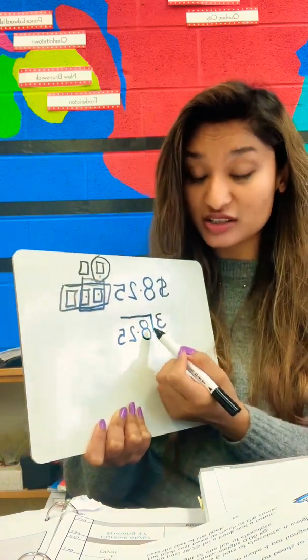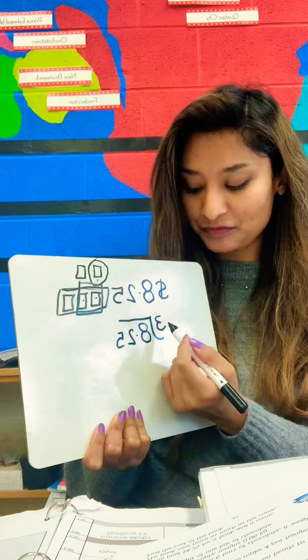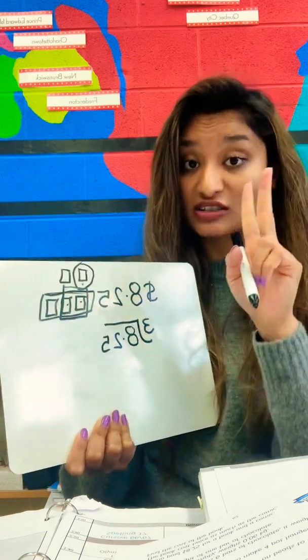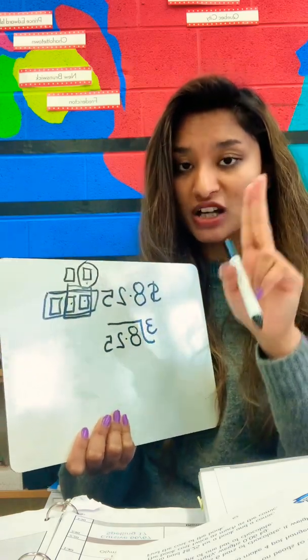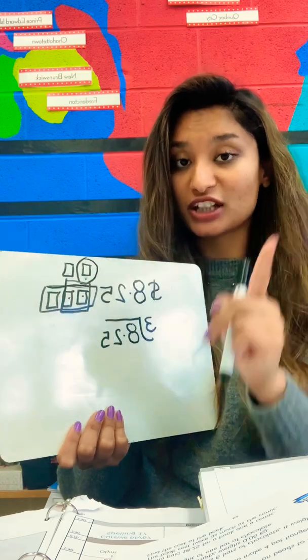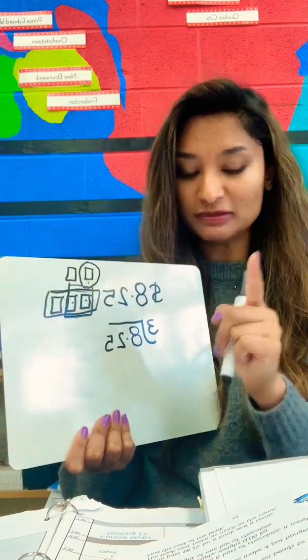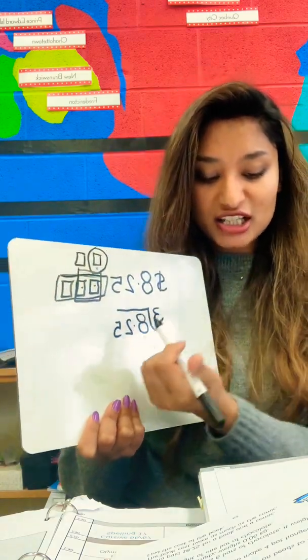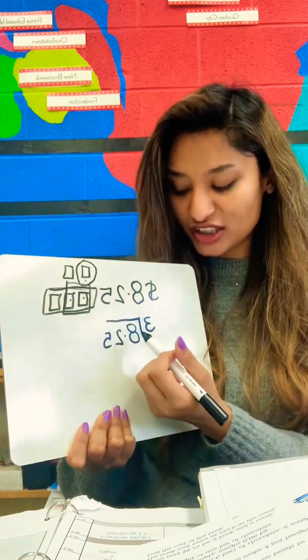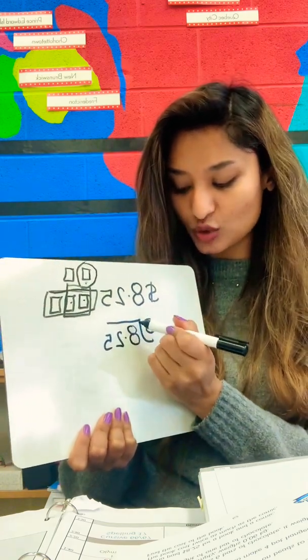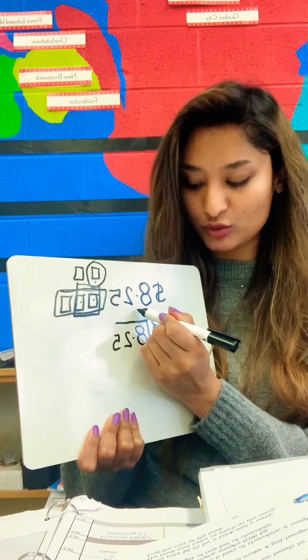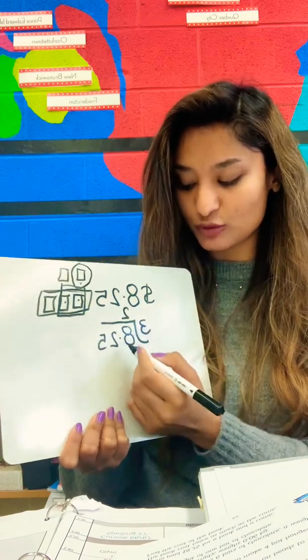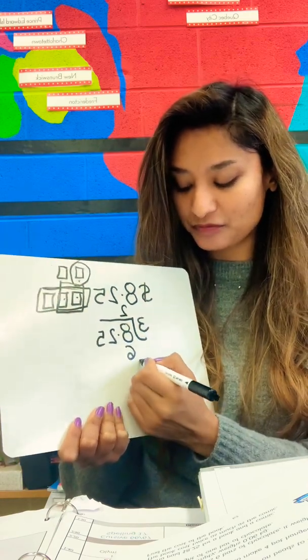So that's your first step. Our first step is we need to divide up. So let's go ahead and do that, because this is also a 2-part problem. I will do the first part with you, then you go ahead and try the second part, okay? So here we go. Divided by 3. How many 3s would fit into 8? We would need 2 3s because they would give us 6.